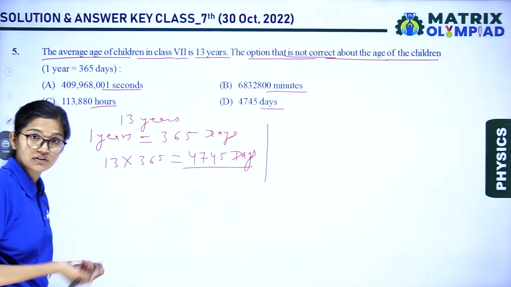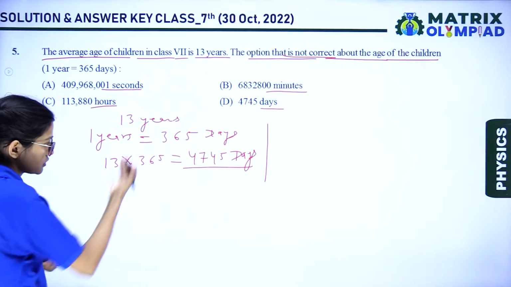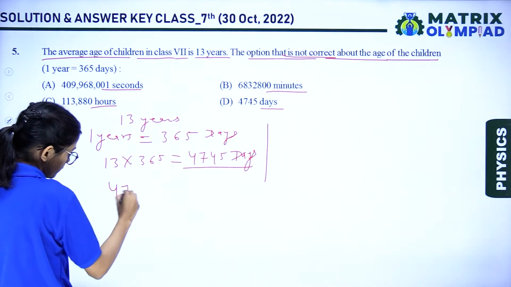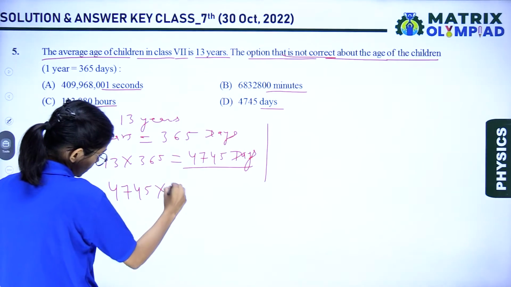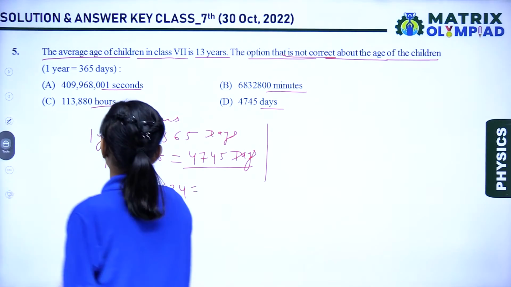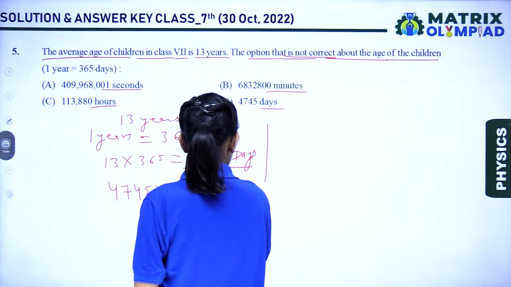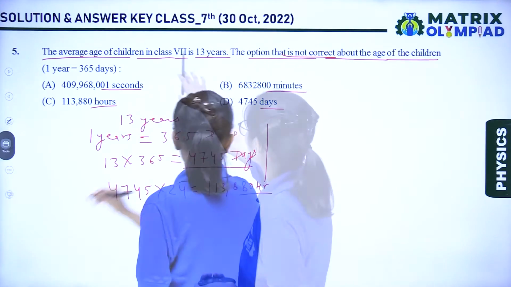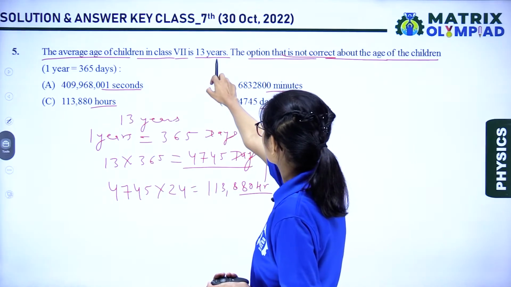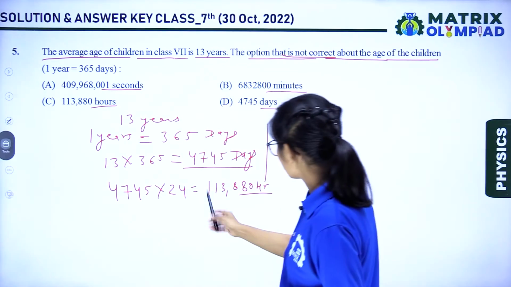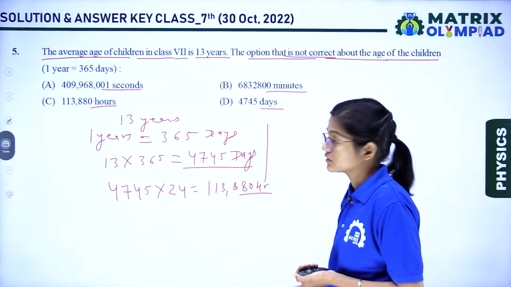Now calculate this age in hours. In 1 day, how many hours are there? There are 24 hours. Just convert this value into hours by multiplying by 24. Then we get 113880 hours. So for the 7th class, that is 13 years, it will be 113880 hours.